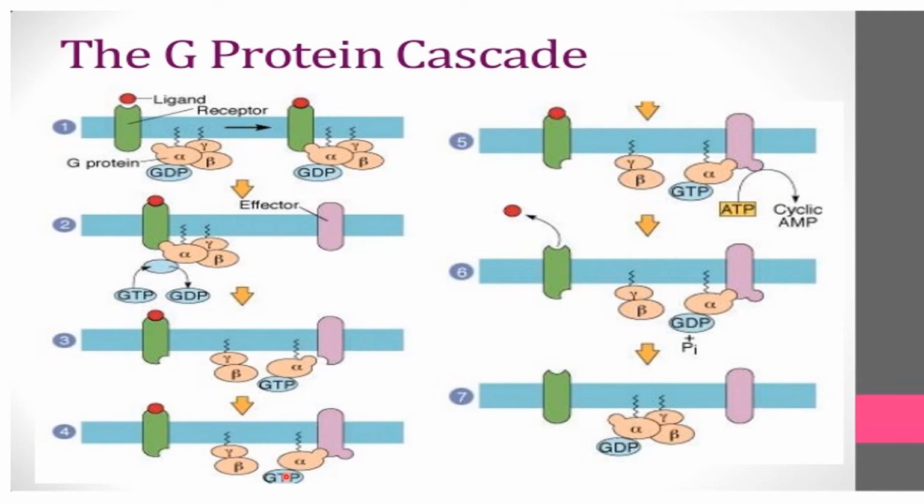After attachment of the alpha subunit to the binding site over the adenylyl cyclase, the next effect is that adenylyl cyclase, after activation, converts the ATP into cyclic AMP. Adenylyl cyclase is also an enzyme, so its main function is to catalyze the reaction to convert ATP into cyclic AMP.